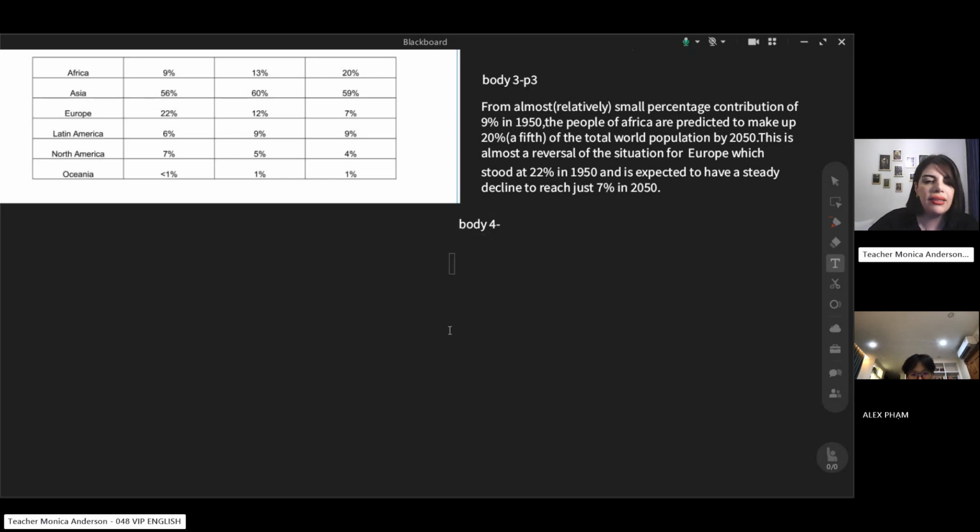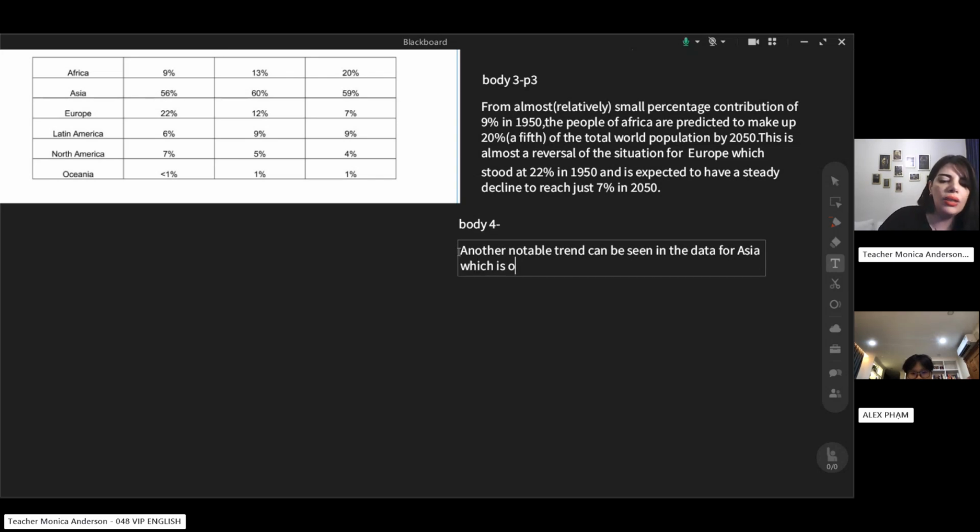We can say that another notable trend can be seen in, for example, the data for Asia, which, as we mentioned, is the only region to show an actual increase in percentage or proportion.